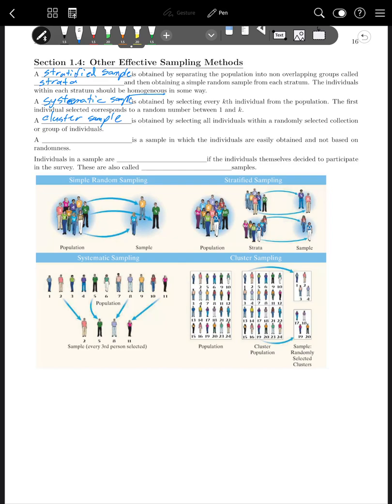But the biggest difference, and the way to tell these two apart, is: are we randomly selecting groups or are we randomly selecting people from each group? This one is people from each group, and in this one, we're randomly selecting the groups. So that's the difference between stratified and cluster.